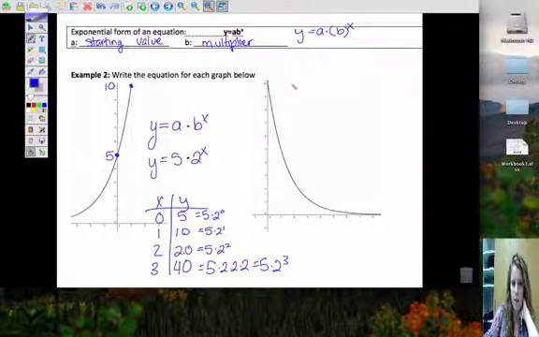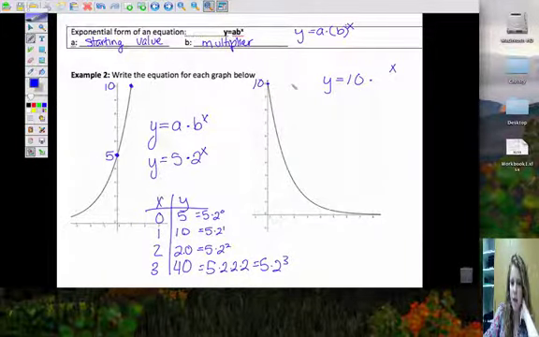Over here I notice that we have a decay, and that's what we call a decrease in exponential equations, because we're not growing, we're decaying, we're decreasing, and we're not decreasing at a constant rate, but we are still decreasing at a constant multiplier. I see right away that we're starting at 10, so we're going to have y equals 10 times something to the x power.